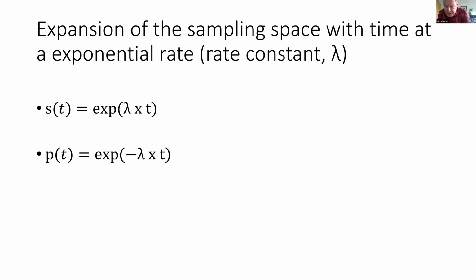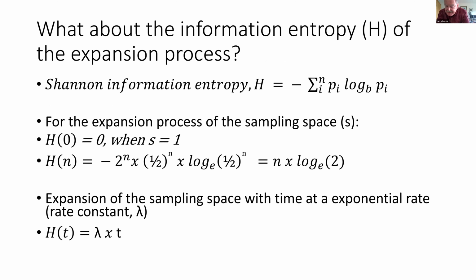It's a time-dependent expansion process, and for this particular process, the size is exponential of lambda t, where lambda is the exponential rate constant. And the probability is exponential of minus lambda t. Is that clear? You with me? That was, to me, as I expected intuitively before I even did the maths.